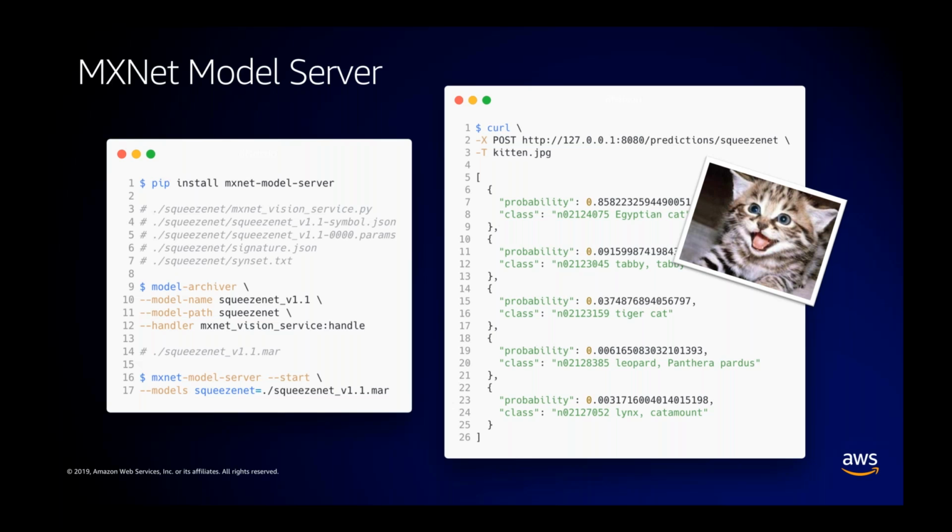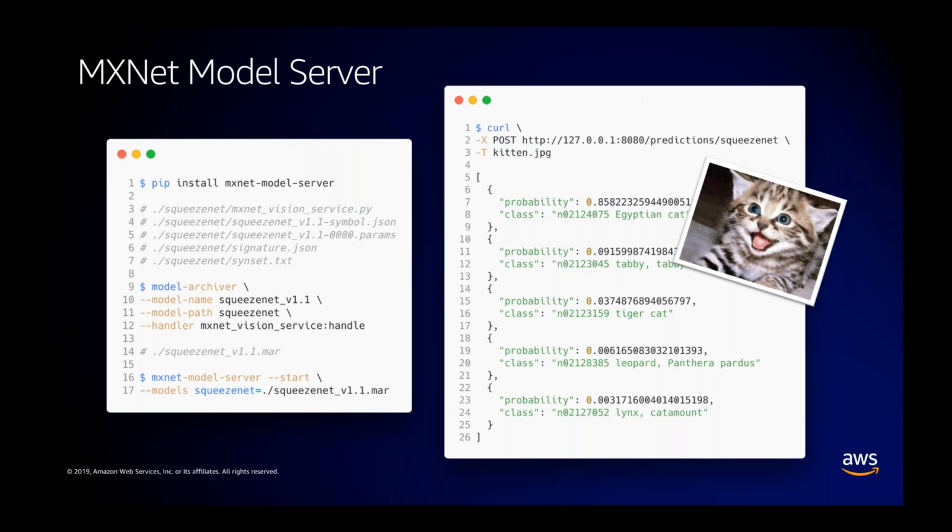So let's take an example of creating an image classification endpoint. And we're going to use a network called SqueezeNet in this case. So once we've trained our SqueezeNet model, we have the architecture file with the parameters file, but there's a few other things that we need for the archive. Firstly, it's a Python file that's just going to control how we pre-process our input and obtain the data in the right format for the model.